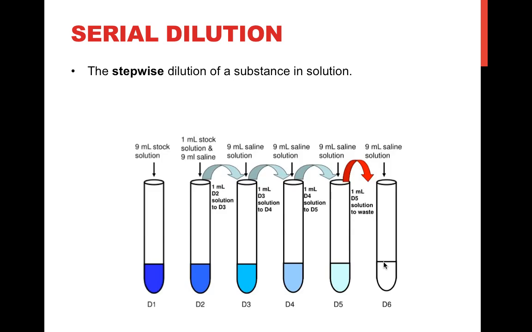There's another term that's important and something that you may come across, and that's a serial dilution. A serial dilution is just a stepwise dilution of a substance. This isn't something that we're going to be learning how to calculate, but I just want to make sure that you have all seen it. If you have a concentrated solution, you just carry out a series of dilutions. An example would be if you take 1 milliliter of a concentrated solution and add 9 mL of water, and then shake it up.